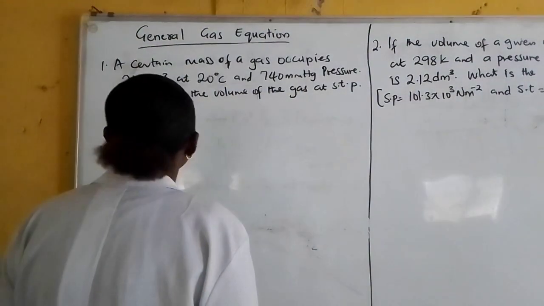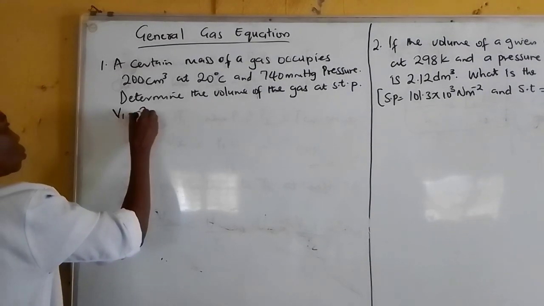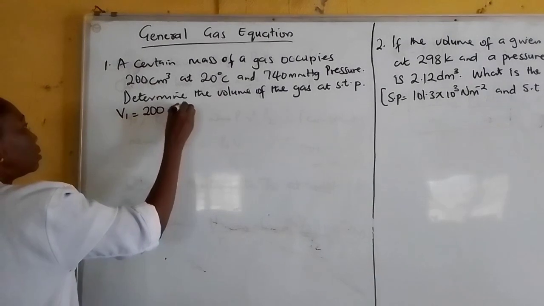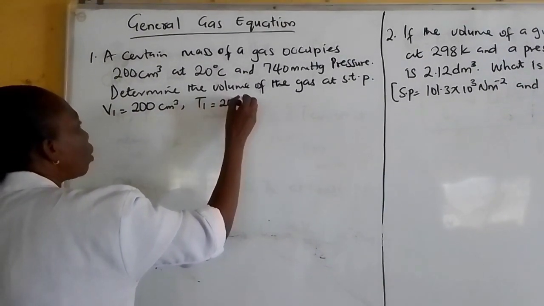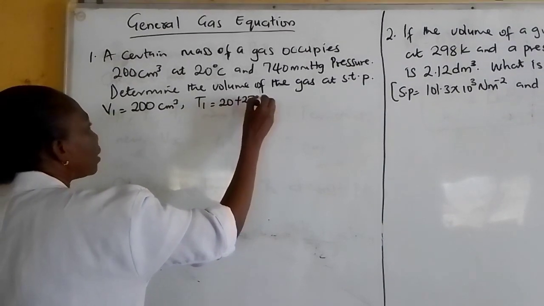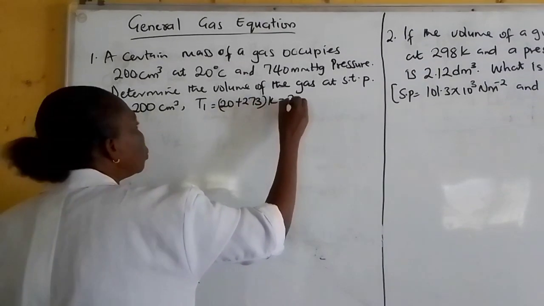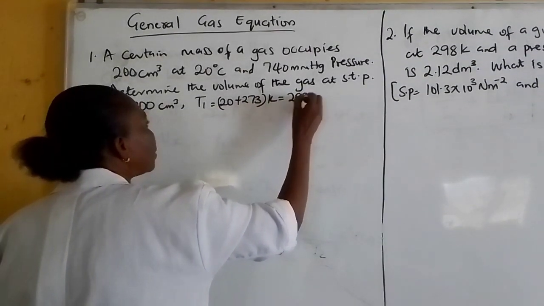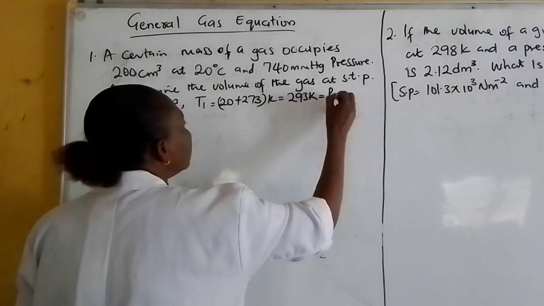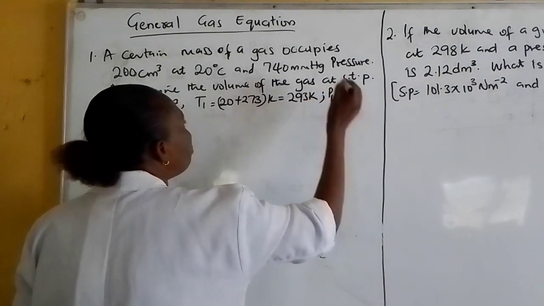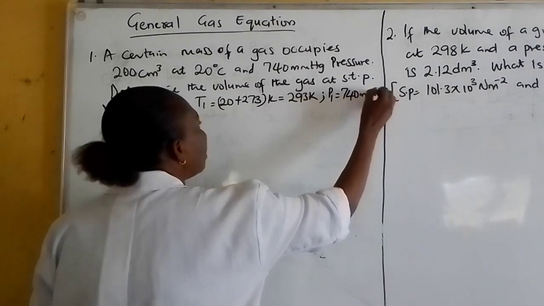So we write down what we're given here. V1 is 200 cm cube. T1 is 20 plus 273, all in Kelvin, and that will give us 293 Kelvin. P1 is equal to 740 millimeter mercury.